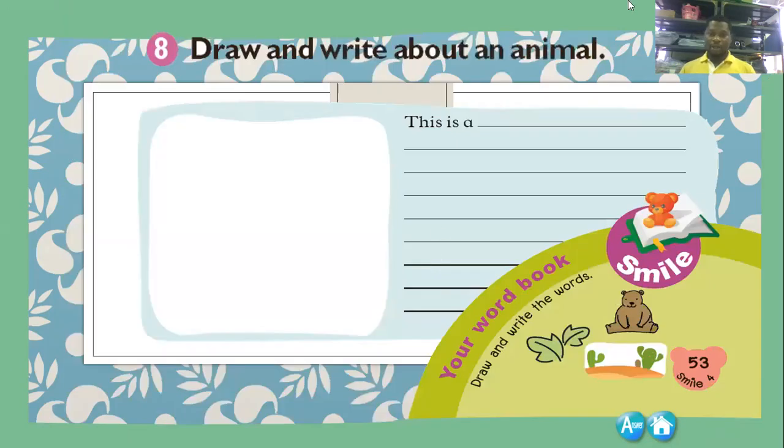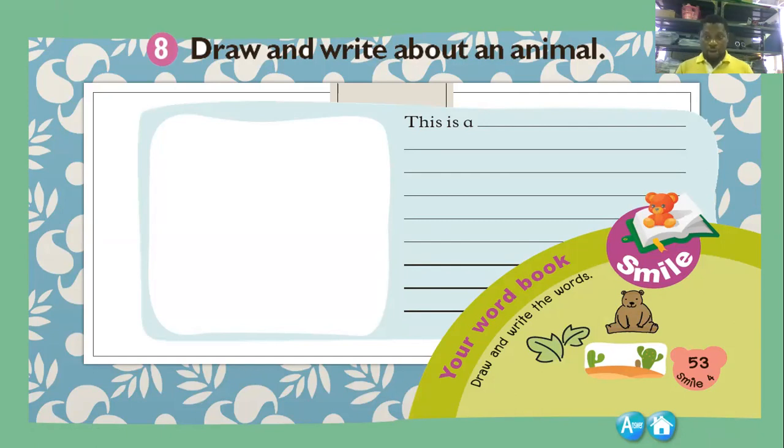In this slide, you have an activity. What are you going to do here? Now you get your book and a pencil, draw and write about an animal that you like. So you can draw a lion and write about the lion.